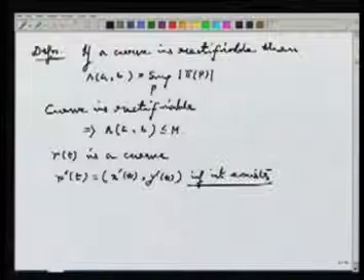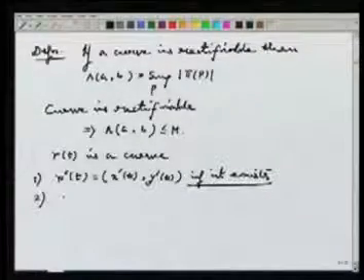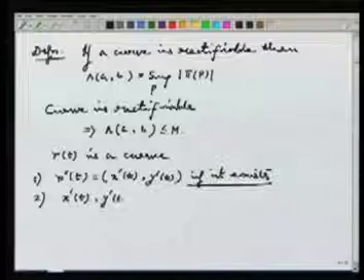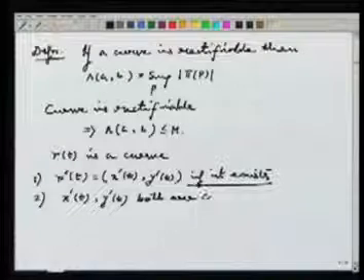That is, I am imposing more conditions on the component functions x(t) and y(t). I am demanding that they are differentiable. Earlier I started with just continuous curves, but this is something more. I am assuming that the derivatives of the component functions also exist. Well, now I am going to put another condition. So this is my first assumption. Second assumption is x prime t, y prime t both are continuous functions.